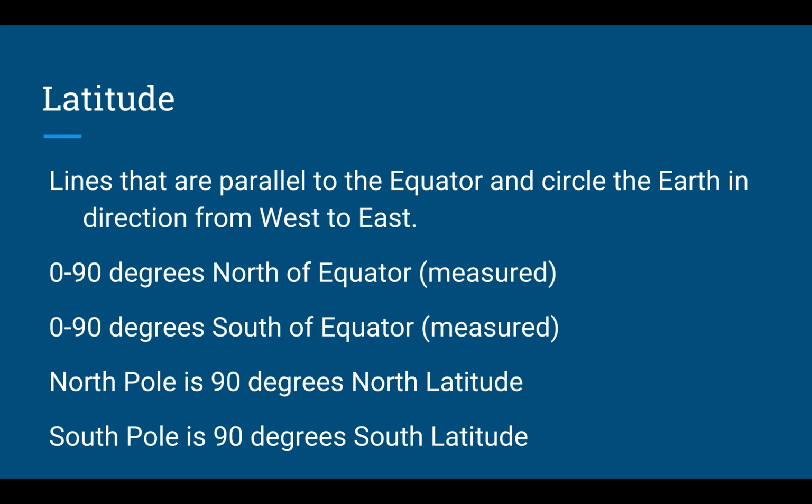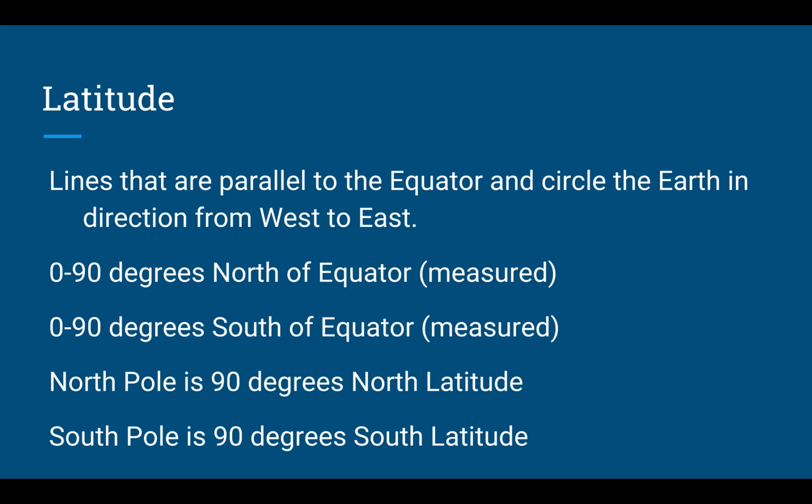So remember, the equator runs side to side. It's a horizontal line, which means latitude lines go above the equator and they go below the equator. But they are also horizontal lines that run from east to west, and they are parallel to the equator, which means they also run in the same direction of east and west, just like the equator.